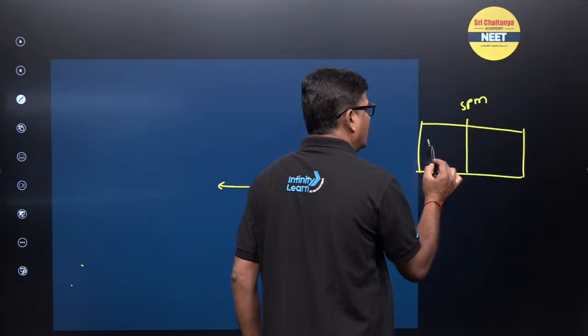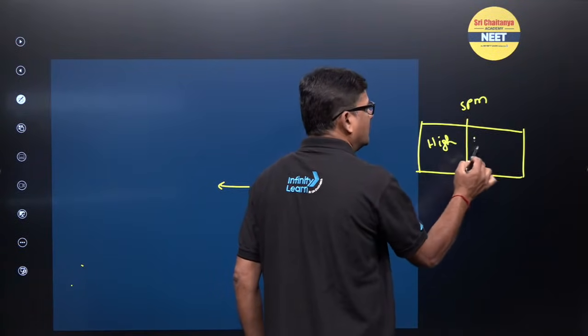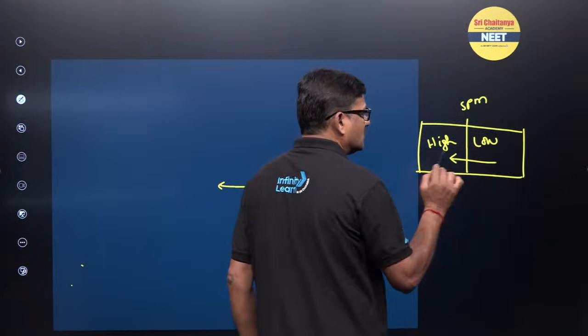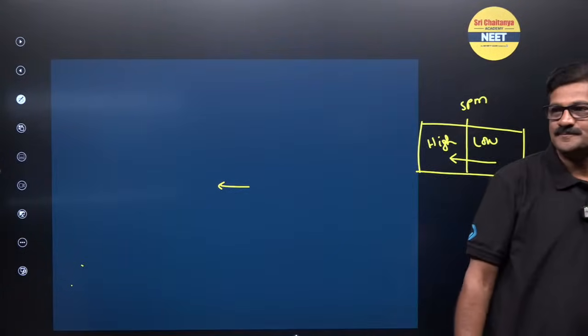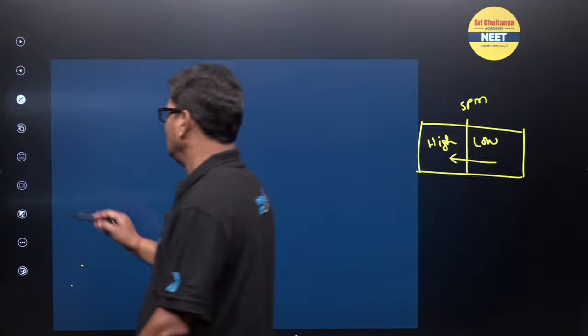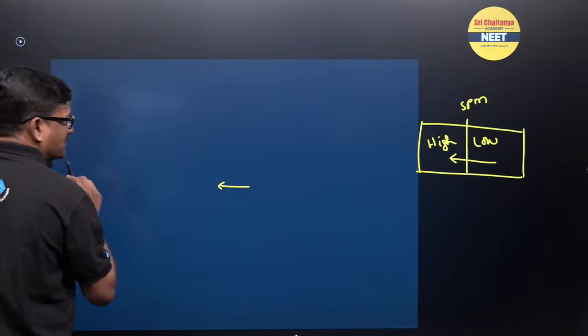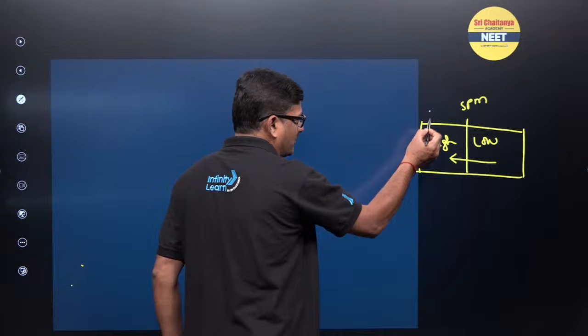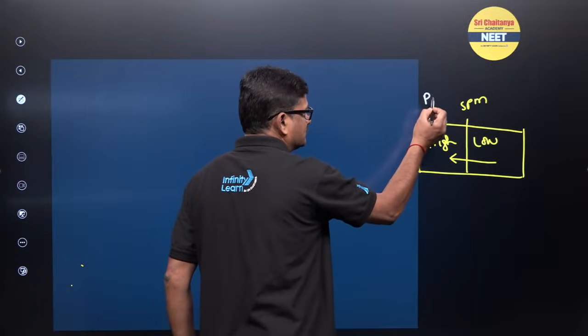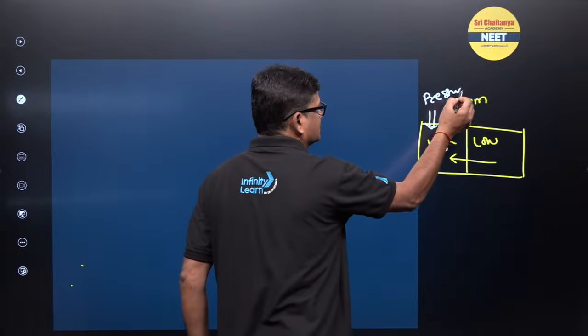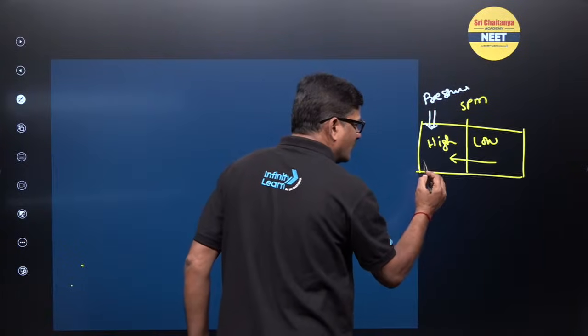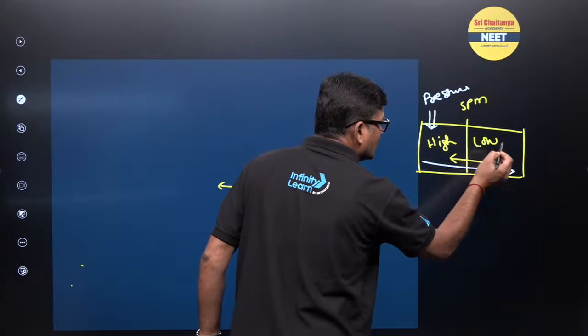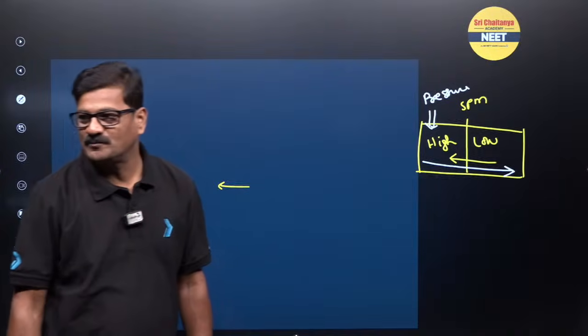SPM, high concentration, and low concentration solvent; generally it migrates like this. And when you apply pressure here, the solvents start moving from high concentration to low concentration.